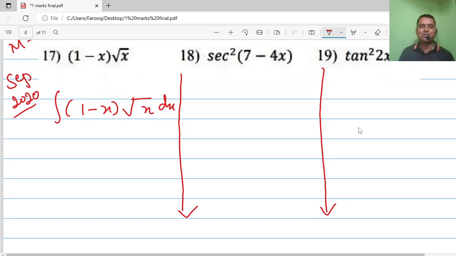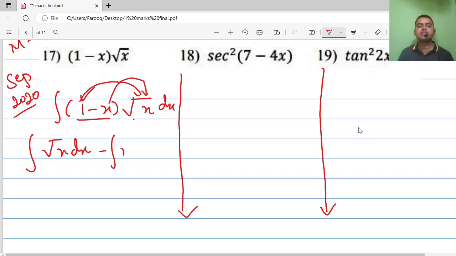You people also do it. Integration of 1 minus x root x. See here, 1 into root x is root x dx. Then x into root x, minus x root x dx.